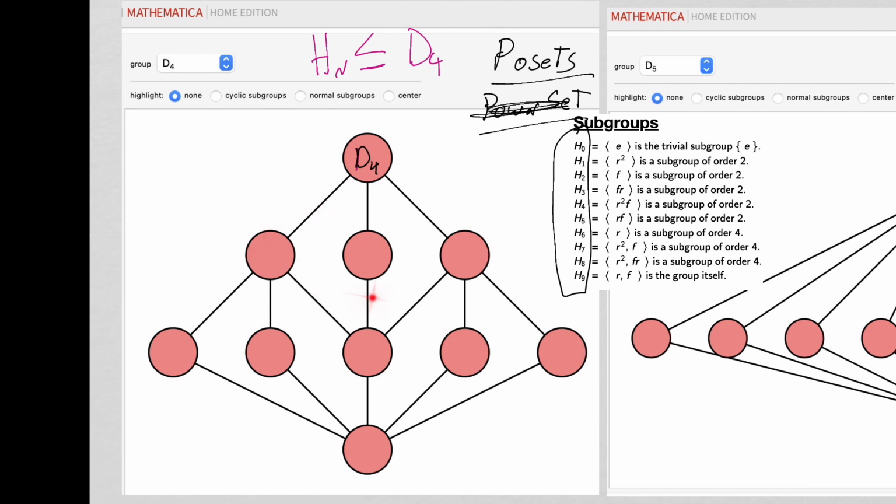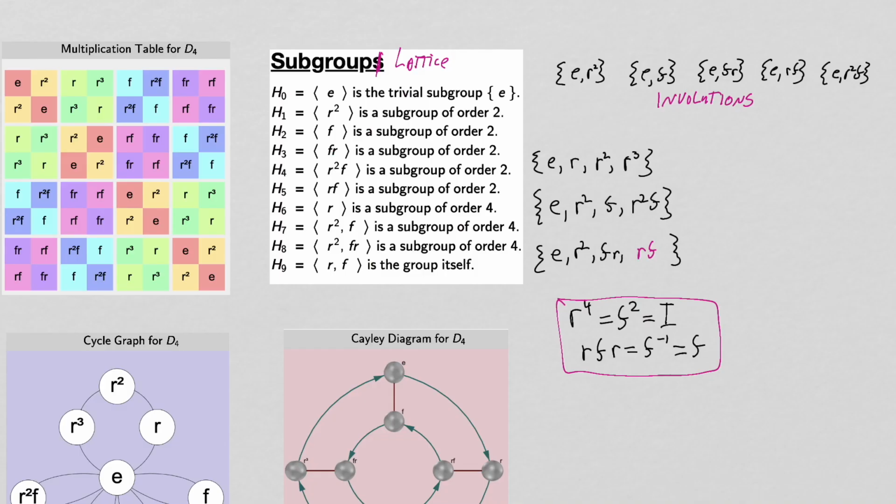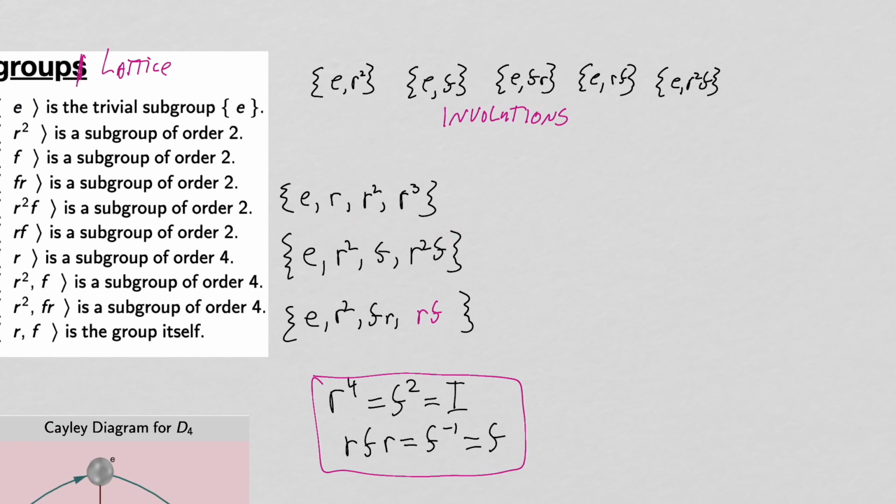And then these guys here are going to be the 3 subgroups of order 4. Now the subgroups of order 4, if we go back to our list, it's obvious that these various subgroups of order 4 contain these subgroups of order 2 in various combinations, right?